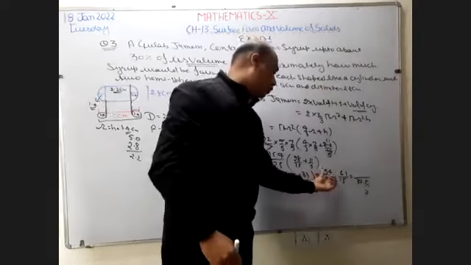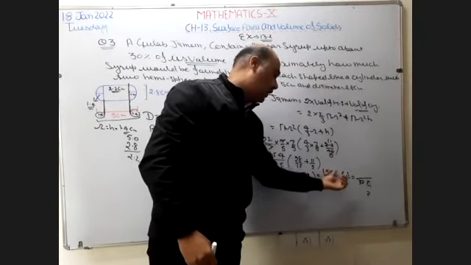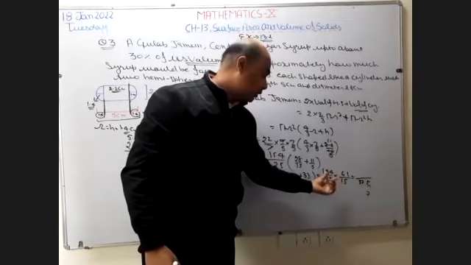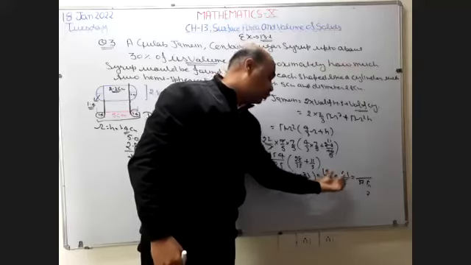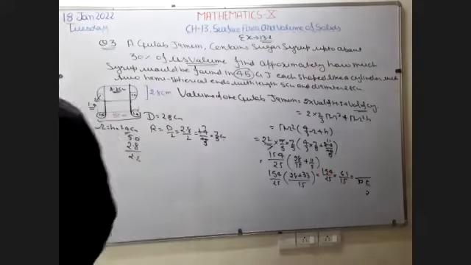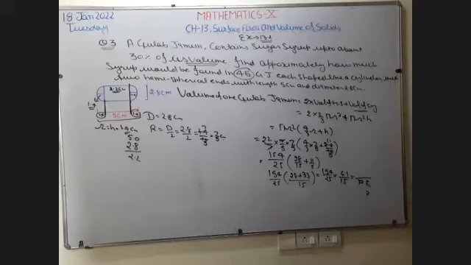Now multiply these two terms, 154 and 61, and send a message on my chat box. Multiply these two terms and tell what value is there. Multiply this 154 into 61 and tell what value is there. Send a message, beta, multiply these two terms.